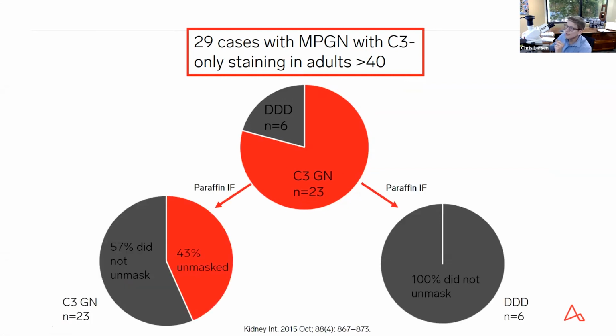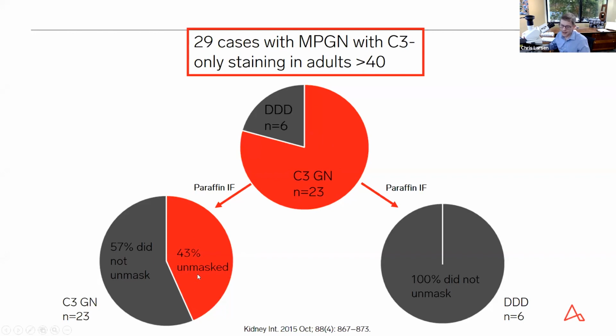Well, if you just look at the dense deposit disease cases, it never happens. So for that reason, I don't normally recommend that. There's a lot of utility in attempting paraffin immunofluorescence in what you would call a dense deposit disease if you have the ability to do EM. None of them unmasked anything. However, in these 23 cases of MPGN with C3 only staining in adults, about 40% unmasked.